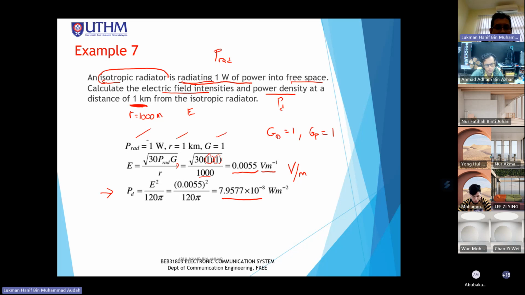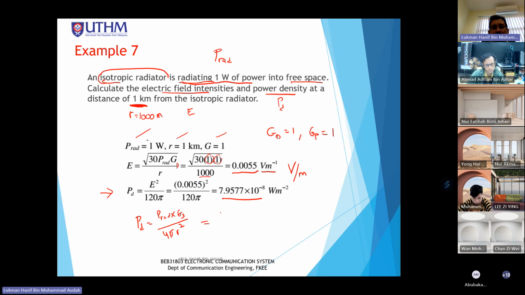You can also use a different equation if you want. This is also P times G. You can use the same P radiation times directivity gain divided by 4 pi r squared, and you're going to get the same answer.